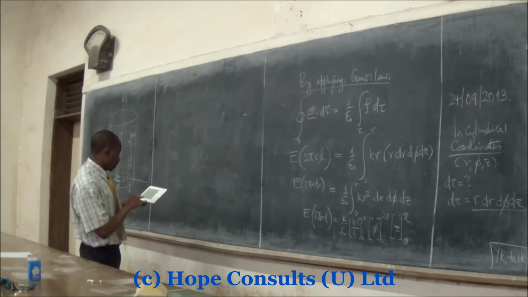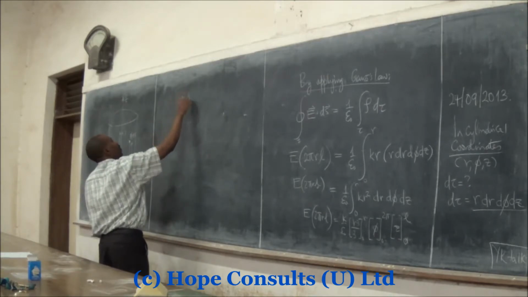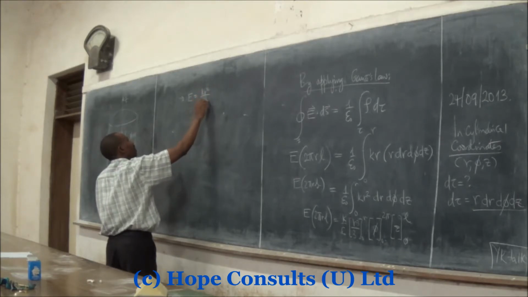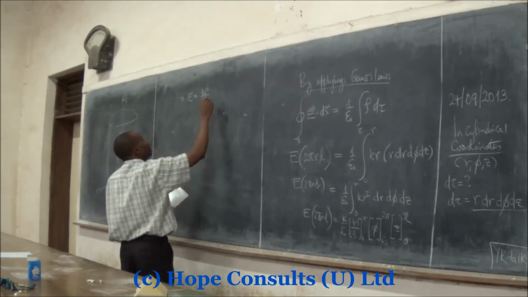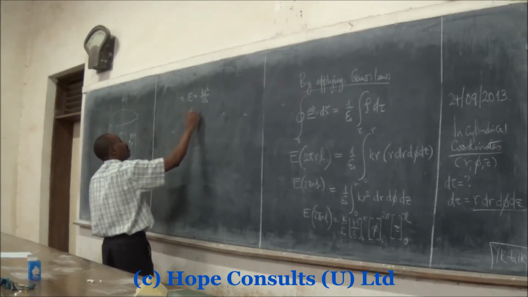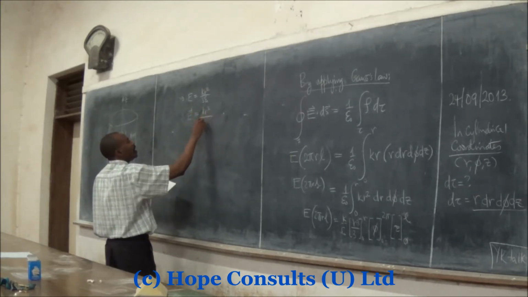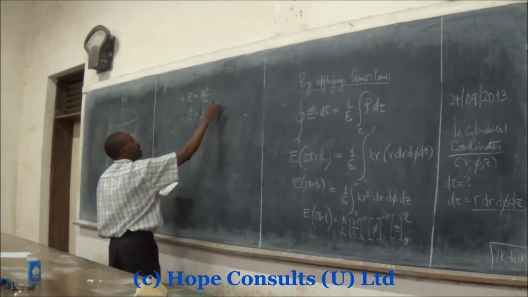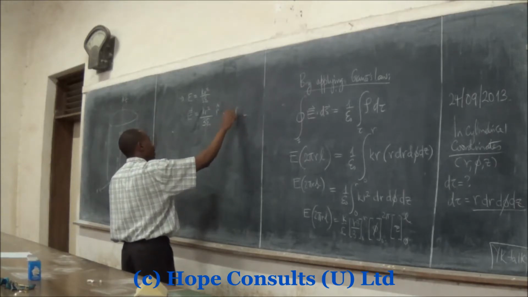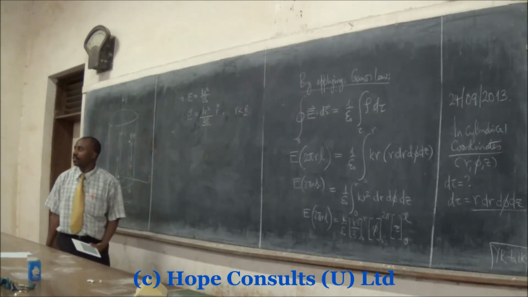And we can eventually say that this implies that our E will be equal to k R squared over 3 epsilon naught. Therefore, our E would be radially outward, equal to k R squared divided by 3 epsilon naught R cap. And this is for when you have the Gaussian surface taken inside.